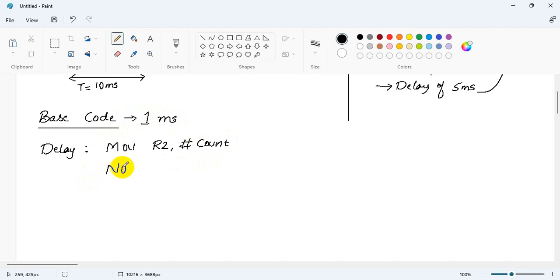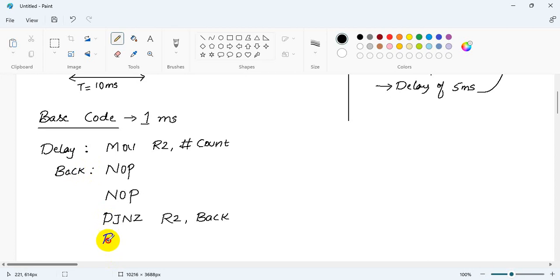And I will introduce a NOP instruction, NOP. Then I will decrement the count, DJNZ R2, back, so that back label will be here.